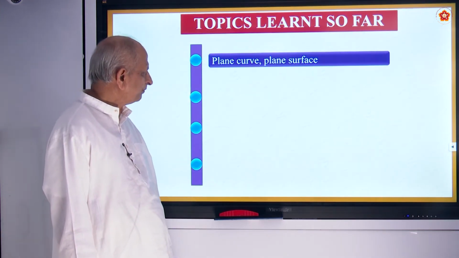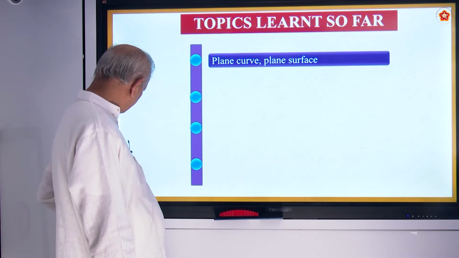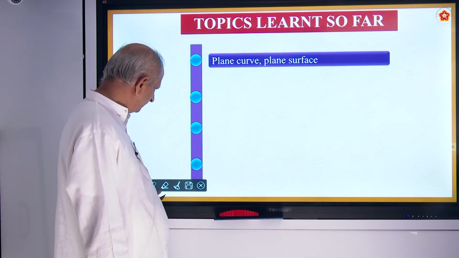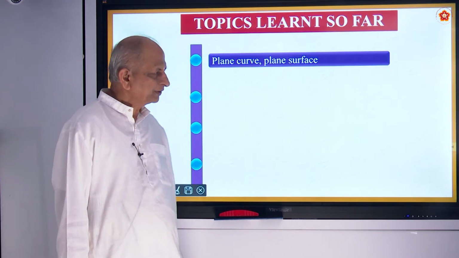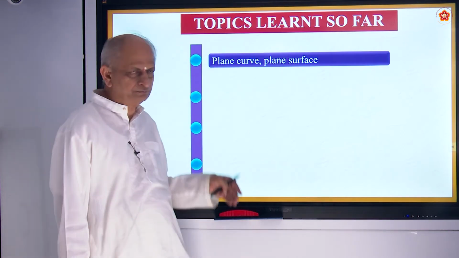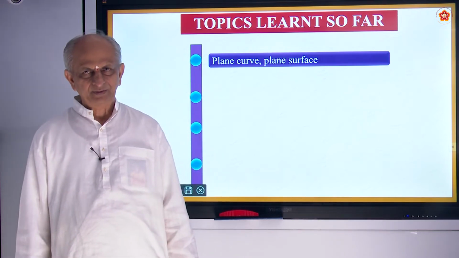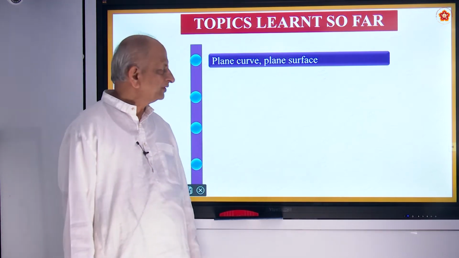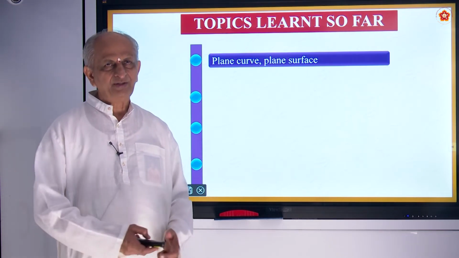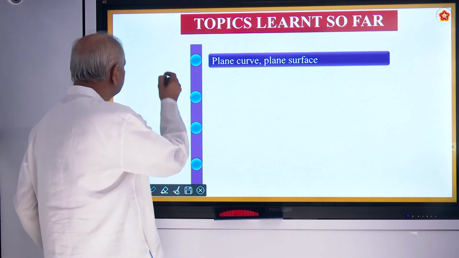So now just let us recall what we have studied in the previous class. We have studied about plane curve. Any curve drawn on a plane surface is called a plane curve. What is a plane? Say this board is a plane, your book is a plane, your table is a plane. So they are plane surfaces, and any curve drawn on that, when you say curve, there are two types.